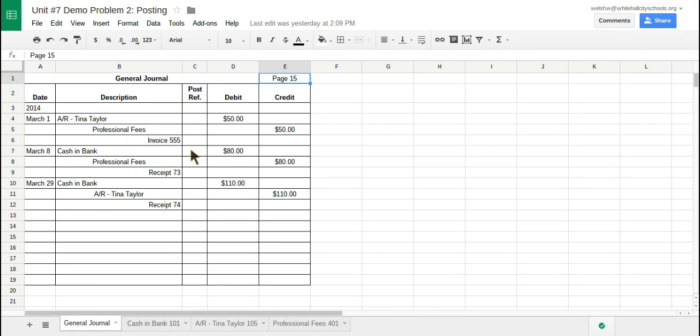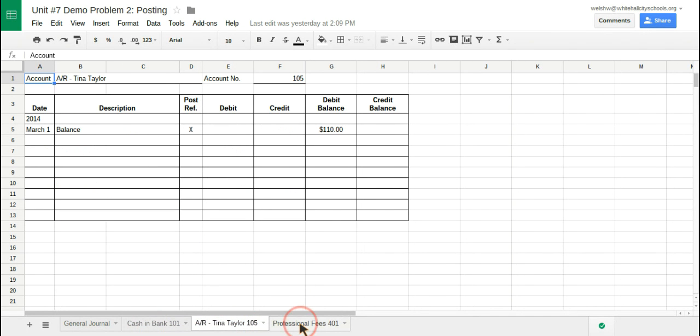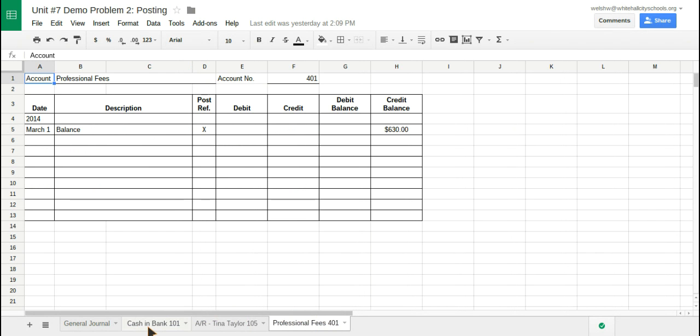This column will actually be used now as we post reference so we can keep track of what we've already done. The way these will be set up for homework problems is you'll have your general journal tab, then you'll have a tab for each account, each account's ledger. So in this case we only have 3 because we're just doing a quick little reference.